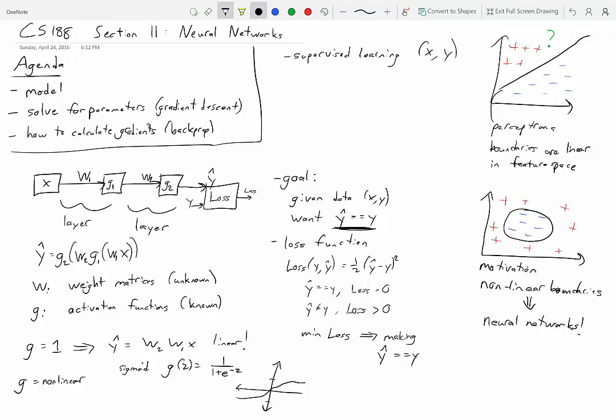We have unknowns, this is important. We don't know what W1 and W2 are, but let's say we know them and they're good. Then y hat and y are similar, which means their loss is small. Okay, so now we've defined the neural network model. Now we're going to talk about how to solve for these parameters.